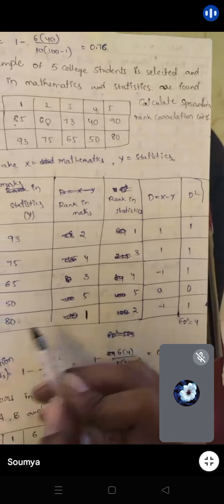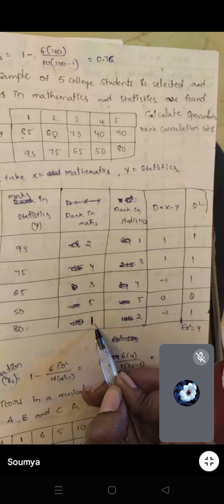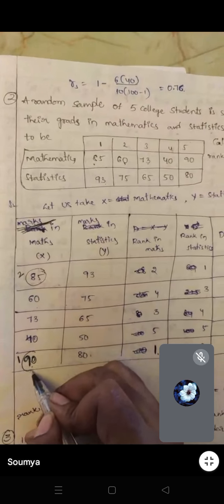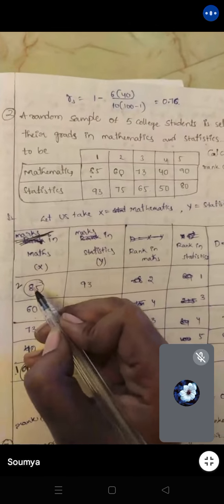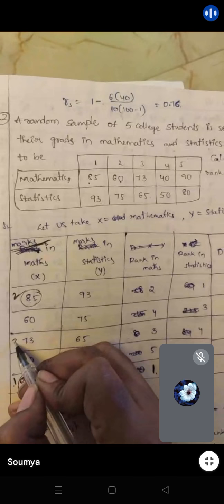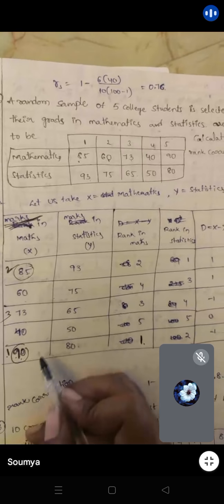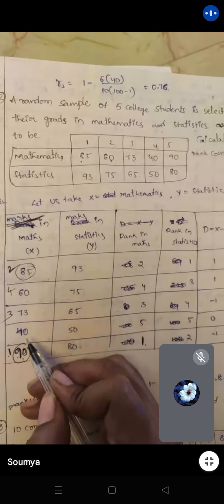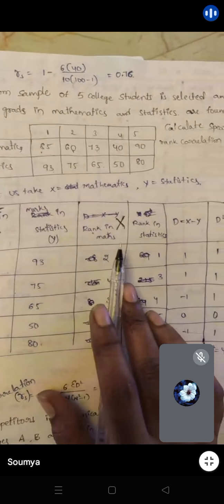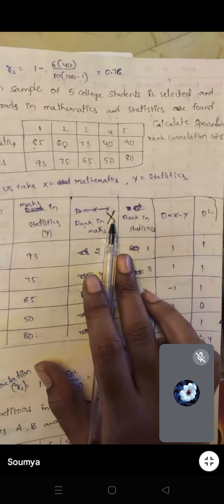Next 85 is second, and 73 third rank, 60 fourth rank, 40 fifth rank. So write the ranks, because capital X is nothing but ranks. In the previous one they gave ranks, but here they gave marks. So you have to consider the ranks.